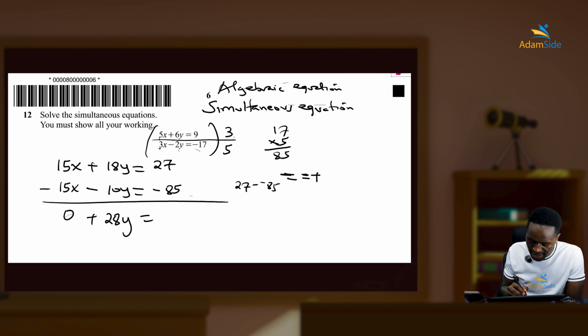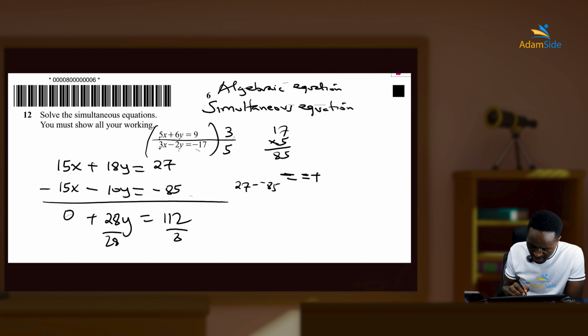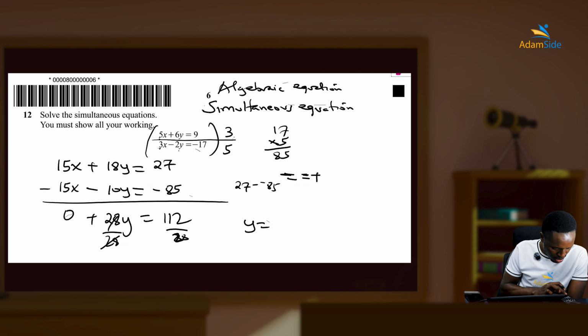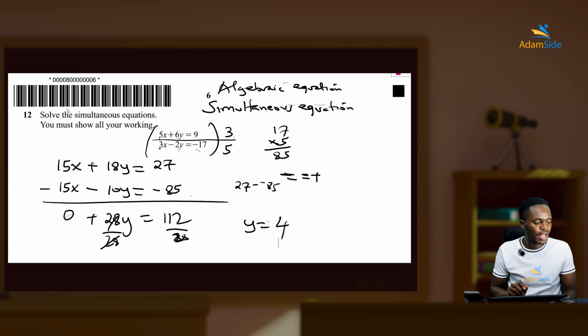What is it? It's 112, because 27 plus 85 gives 112. Then divide by 28 to get the value of y. y is equal to 112 divided by 28. We get 4. Correct. So we have gotten the value of y as 4.